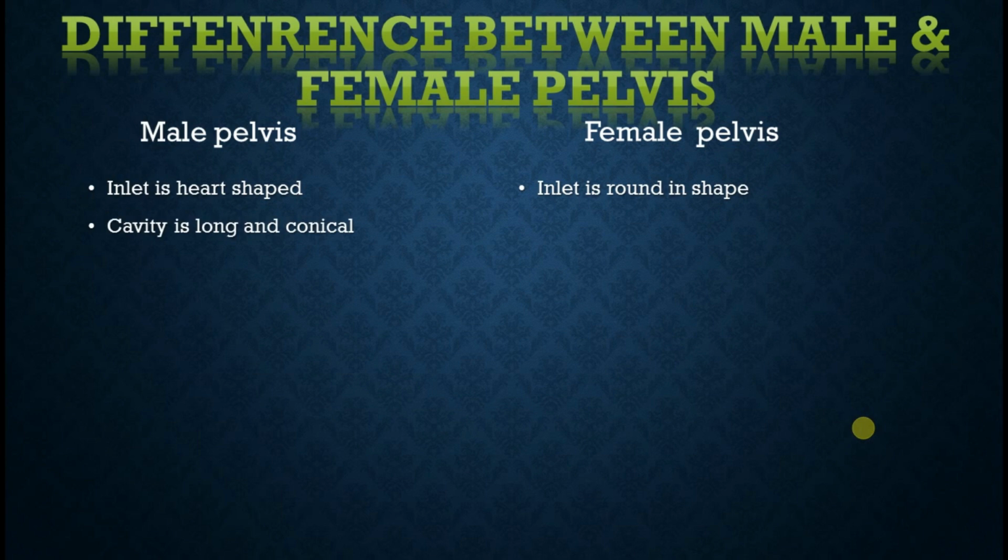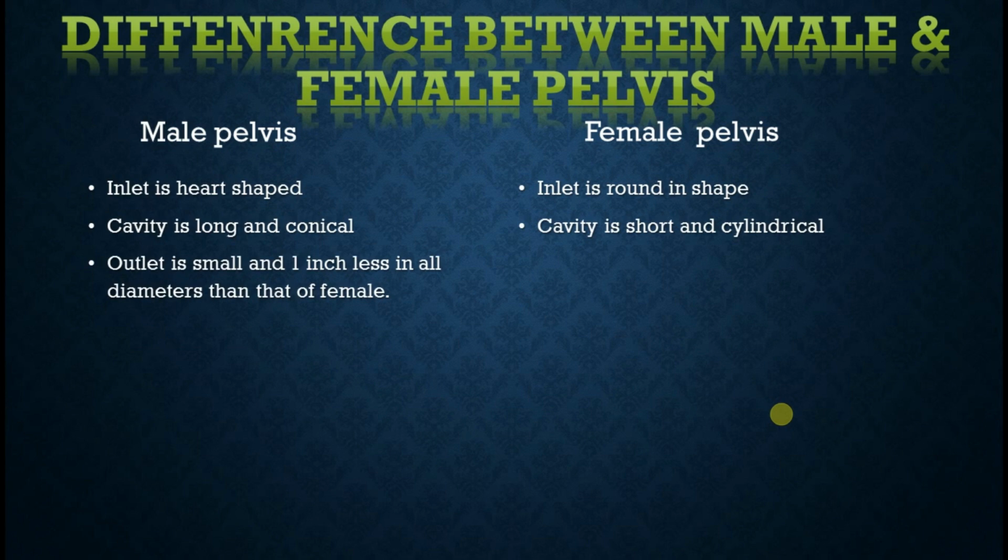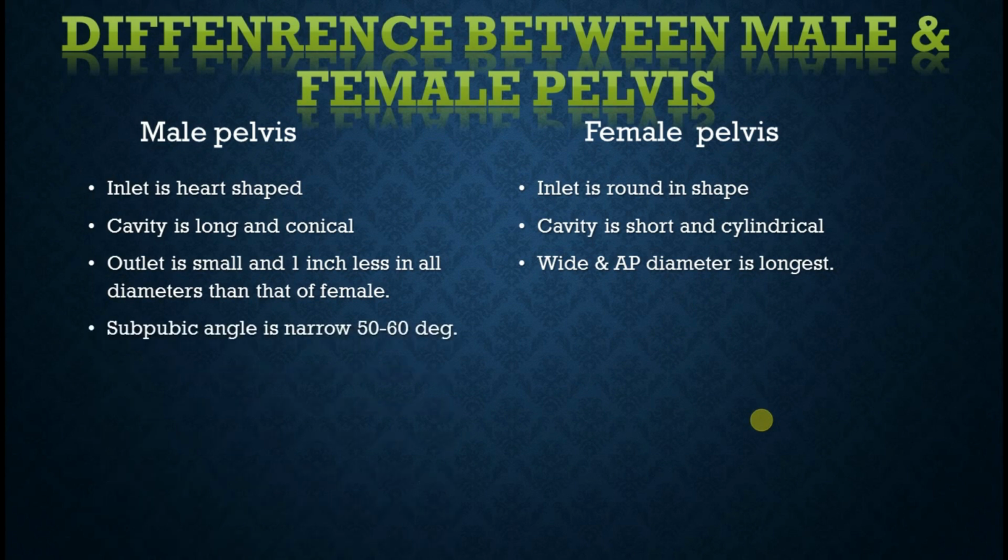The vertical part is long, whereas here the cavity is cylindrical and short. Outlet is small and 1 inch less in all diameters than that of the female, whereas outlet is wide and anteroposterior diameter is the longest diameter in case of the female pelvic outlet.